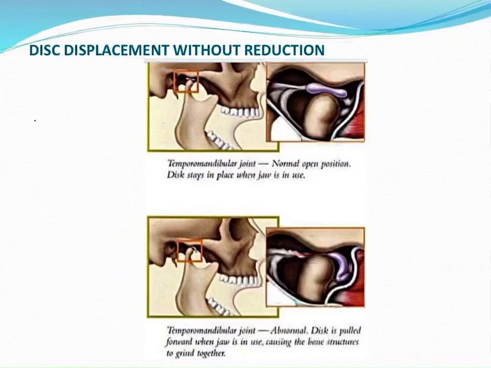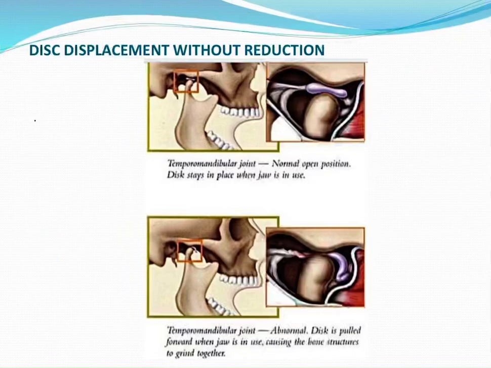It may be with limited mouth opening or without limited mouth opening. With limited mouth opening is defined as less than 40 mm between maxillary and mandibular incisal edge. Another type, without limited mouth opening. The mandibular movement is unlimited.